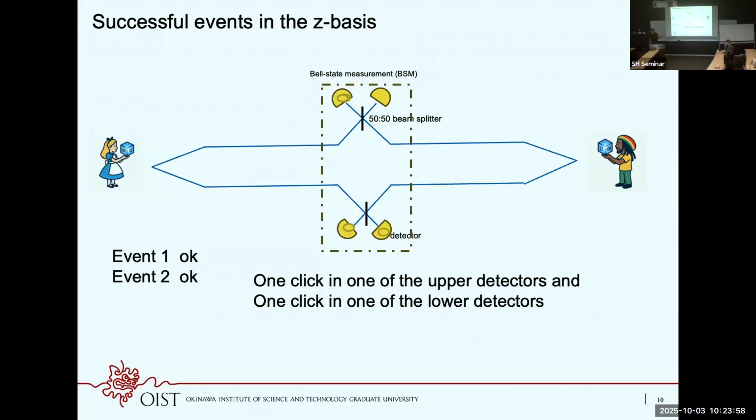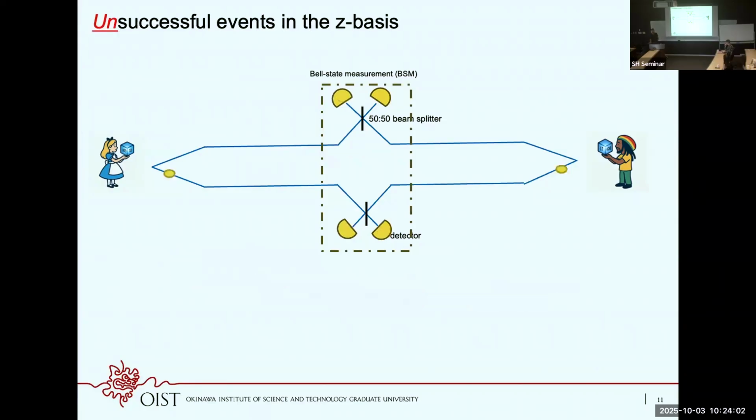As I say, the successful event is one click in the upper part and one click in the lower part. The unsuccessful events are instead when you don't get this type of click pattern. For example, when they send the same state, say Alice sends an H photon and Bob also sends an H photon, so it goes both in this part. You can see now in this case we only have one click here.